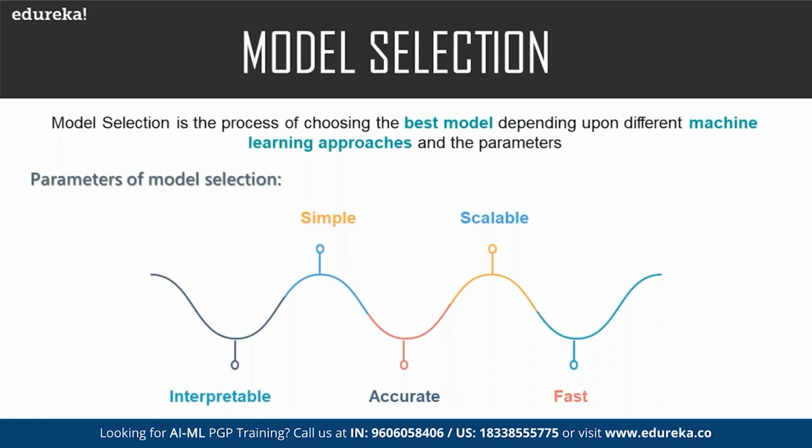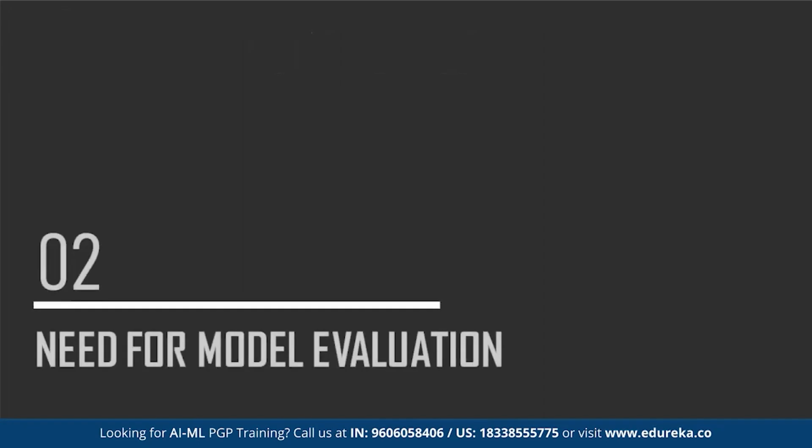People call it a complex model because it is hard to explain what is happening inside the model, how the result was yielded from the model. That's again interpretability and explainability. So based on these parameters, we get to select the right model.